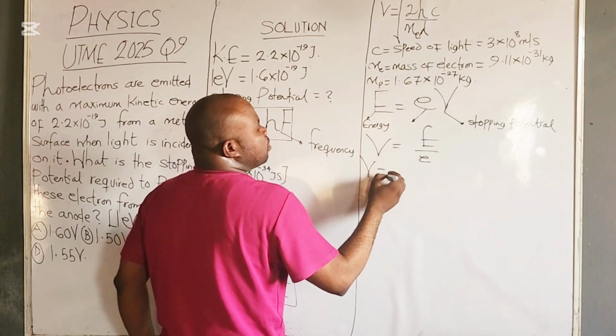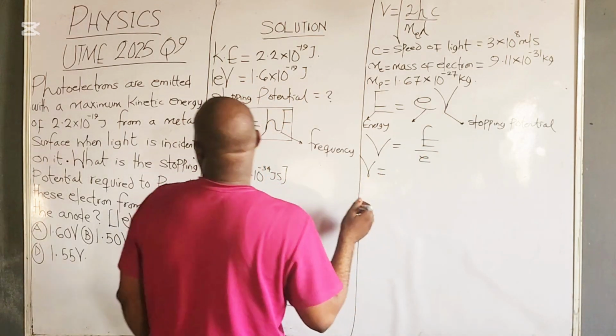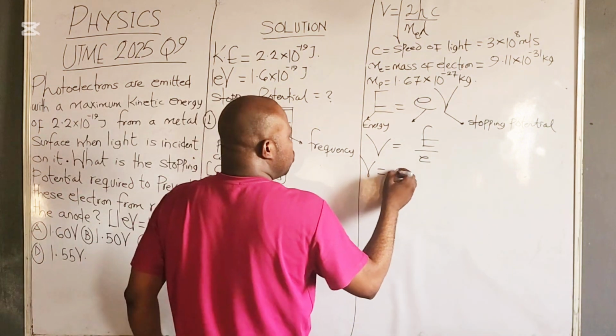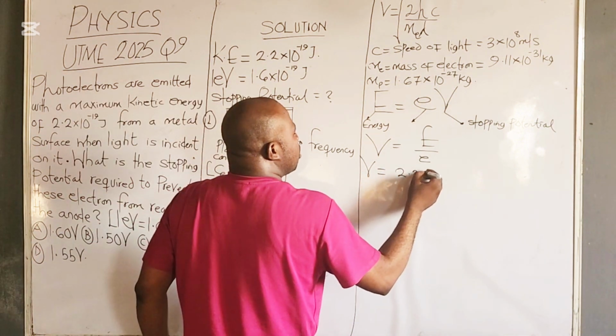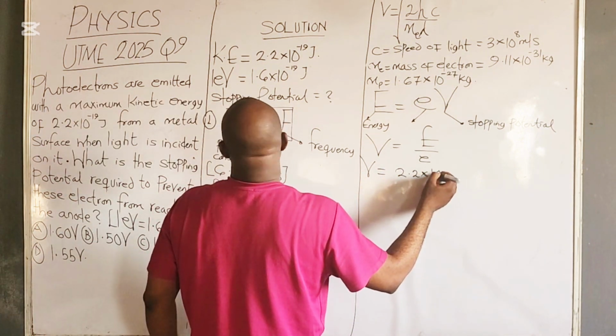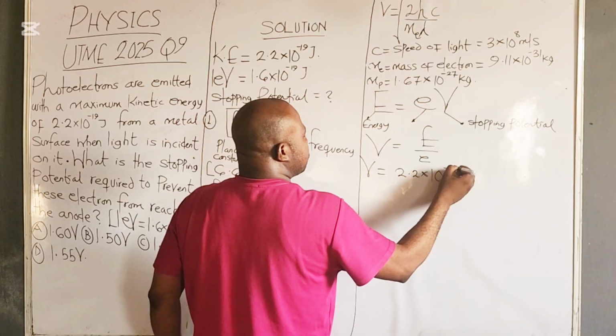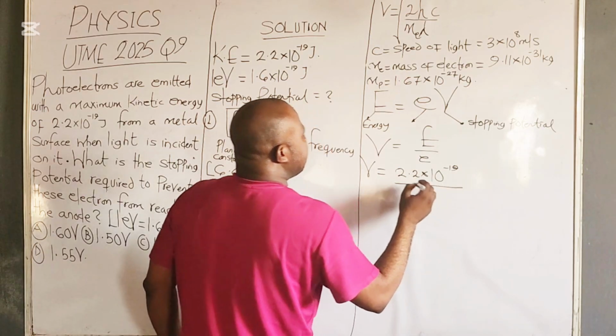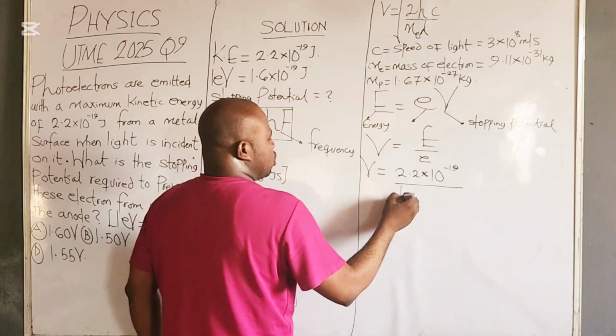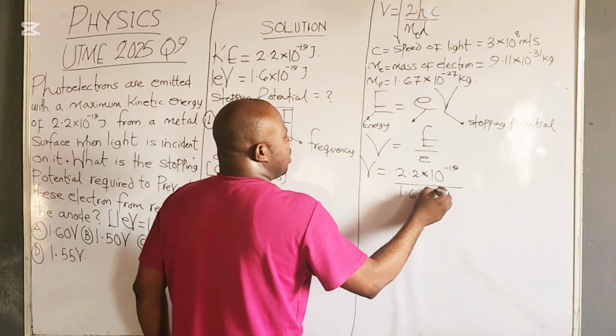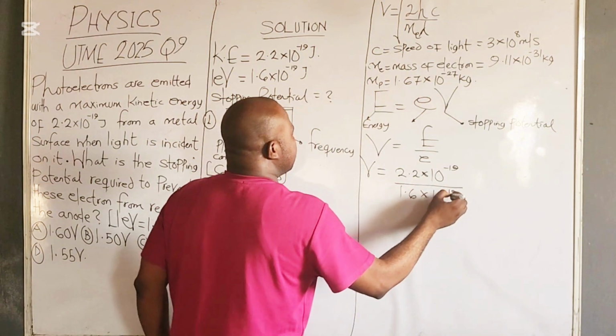So if I substitute, my energy is given to us as 2.2 times 10 raised to the power minus 19, divided by the charge of the electron, which is 1.6 times 10 raised to the power minus 19.